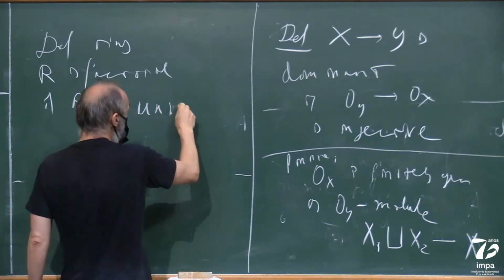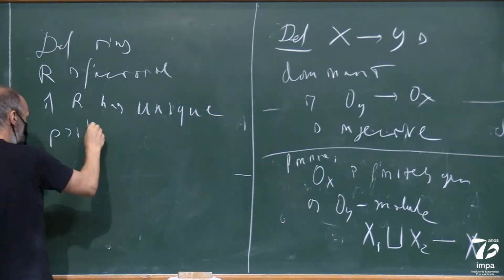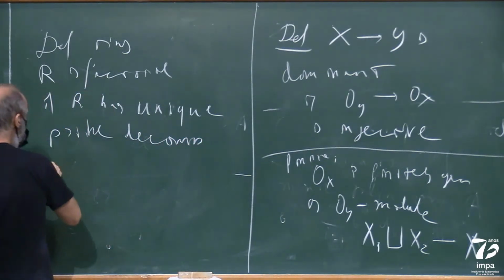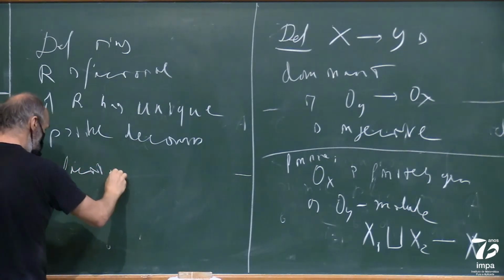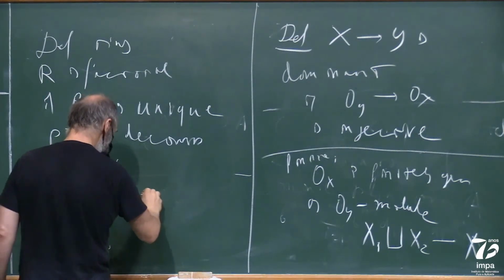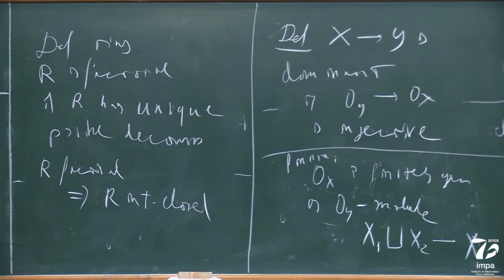There was a handout about this. And what is important is that if R is factorial, then it is normal, integrally closed. So this is how integral closure first appeared.